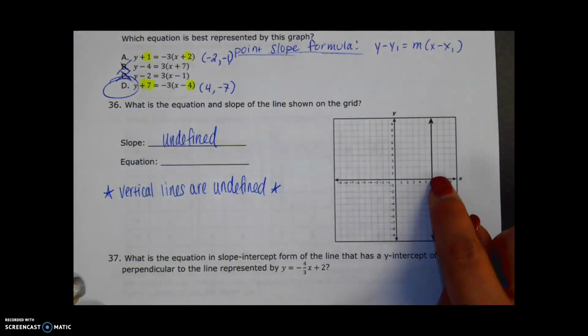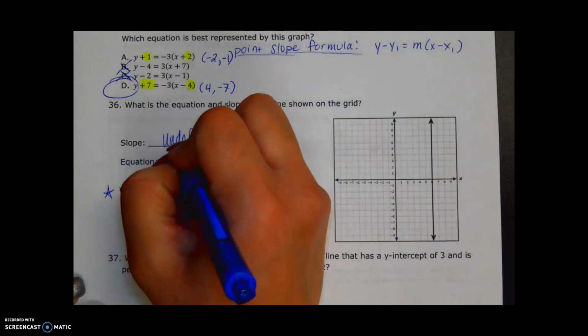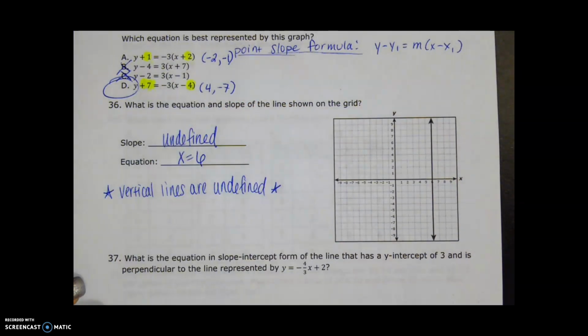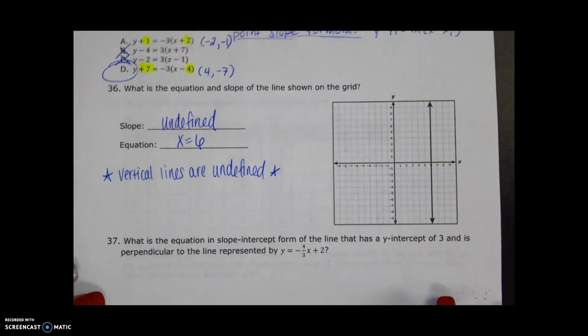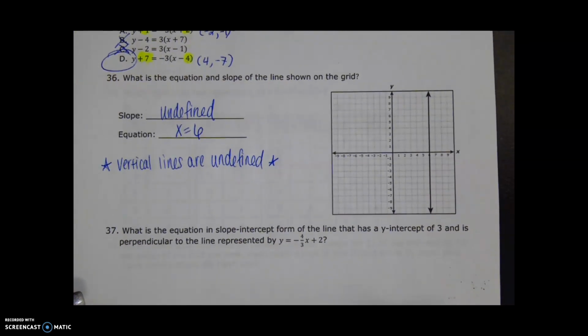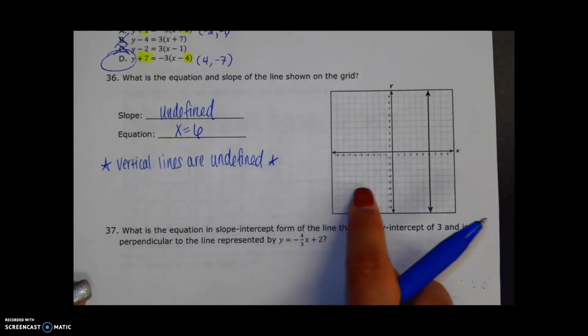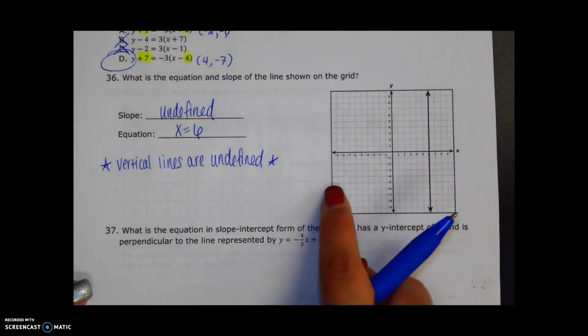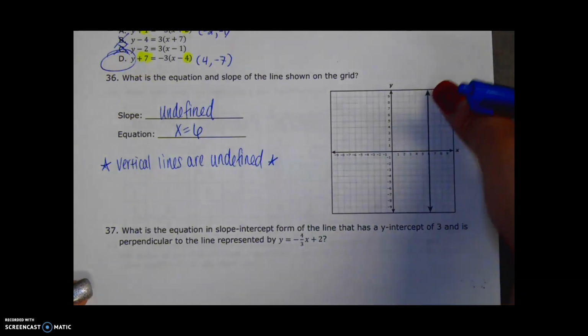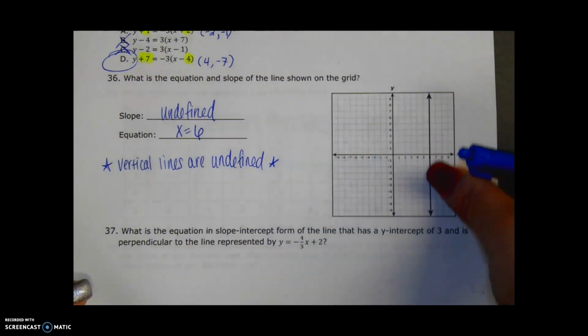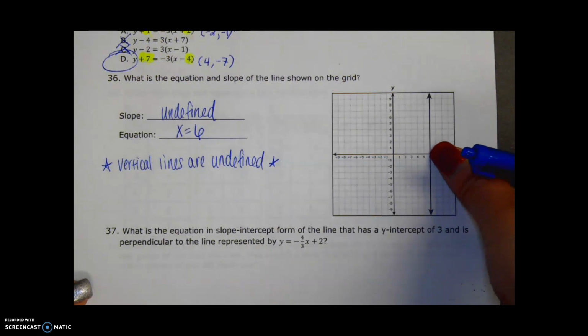Well, it crosses through this 6, so my equation is x equals 6. Similar to the y equals one that we did earlier, y equals would be horizontal, and it would be whatever number it crosses. X equals are vertical lines, and it says x equals whatever it intersects at the axis.